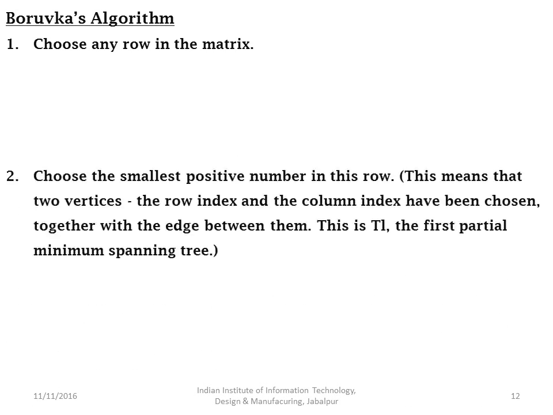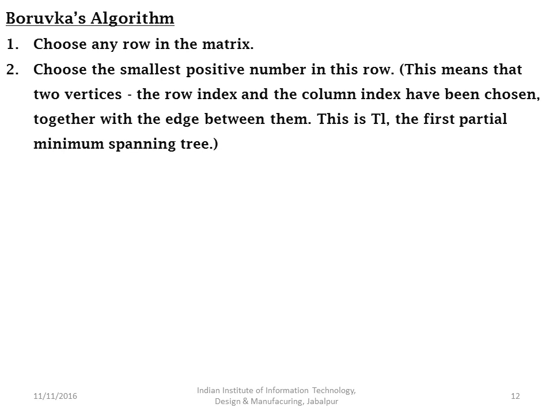So Boruvka proposed an algorithm for finding the minimum spanning tree from the matrix. Boruvka solved the problem without considering the concept of graph, so he gave the solution on the basis of the matrix only.